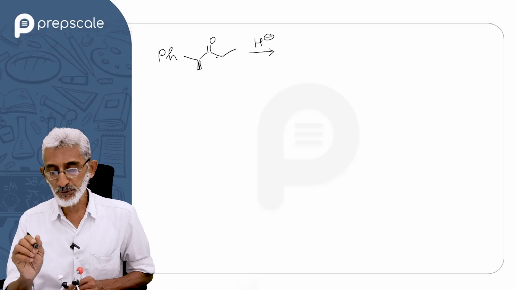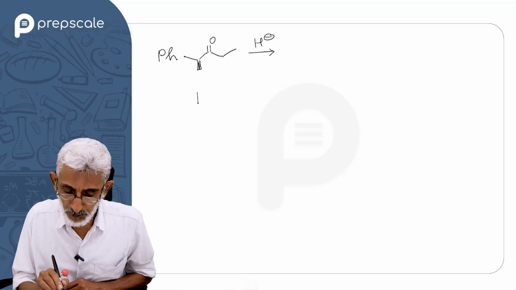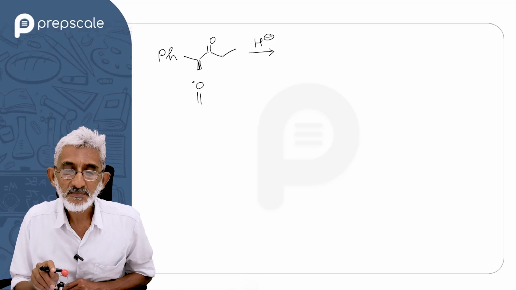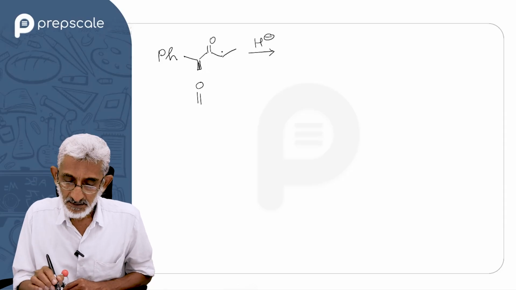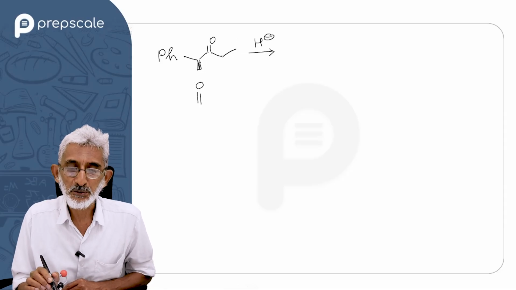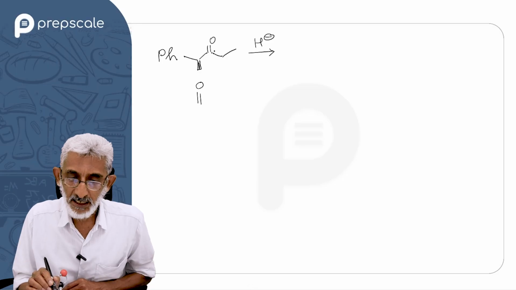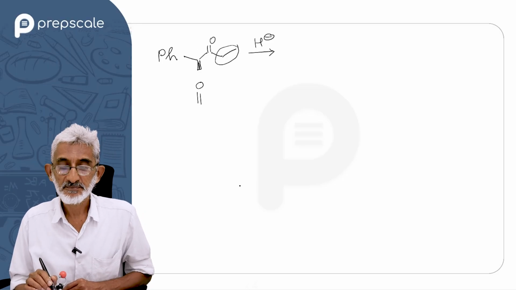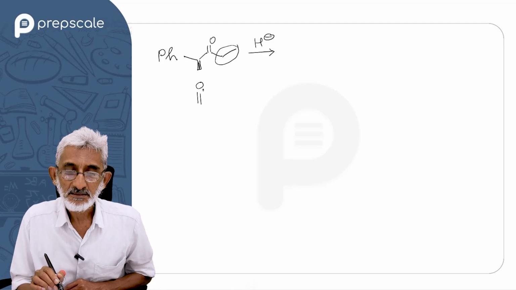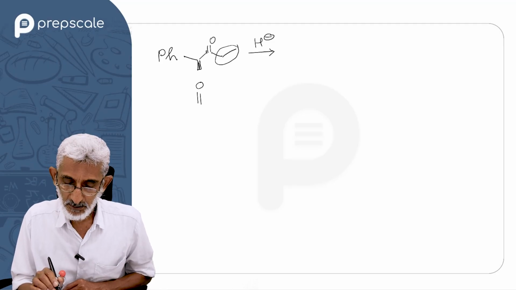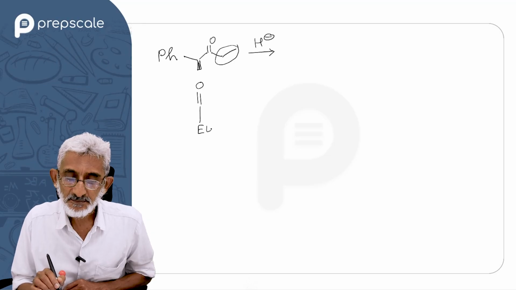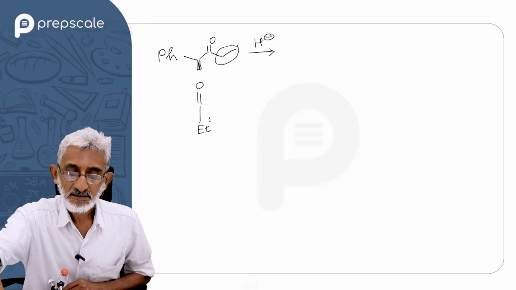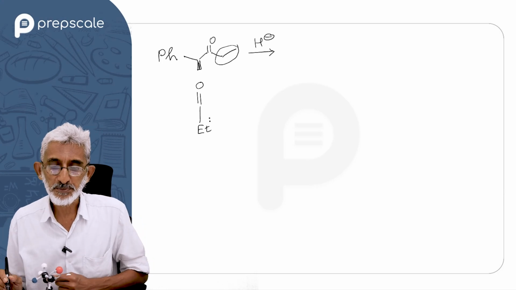For that purpose, we will keep the keto group up, and which group is down? Have a look. What group do we have down? This is the group which is attached to the keto group. So on this side we have the ethyl group.